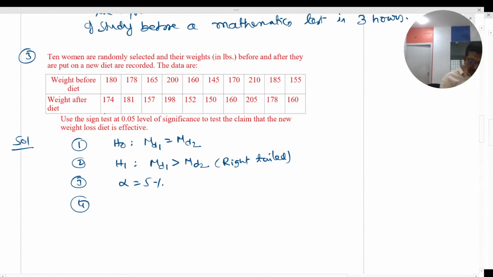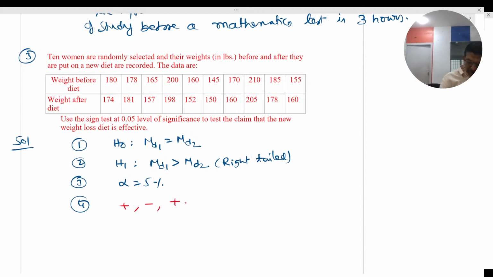So now comparing this one, weight before diet minus weight after diet, 180 minus 174, that is a positive sign. 178 minus 181, negative sign.